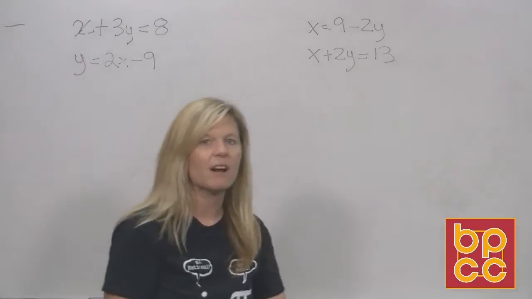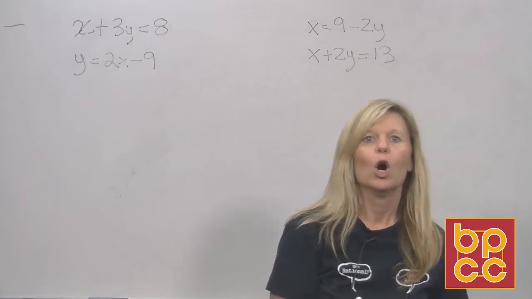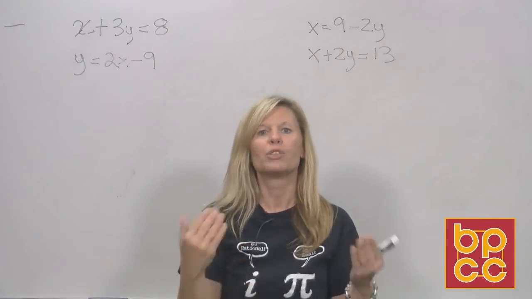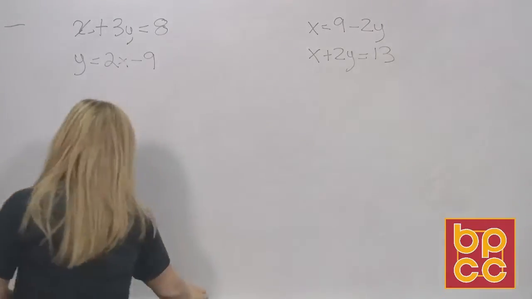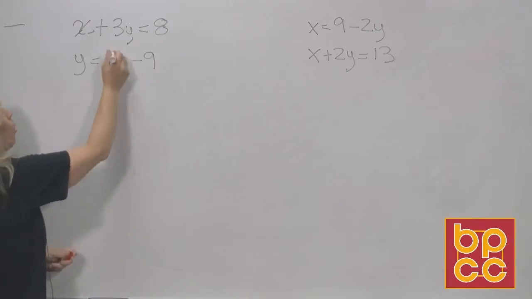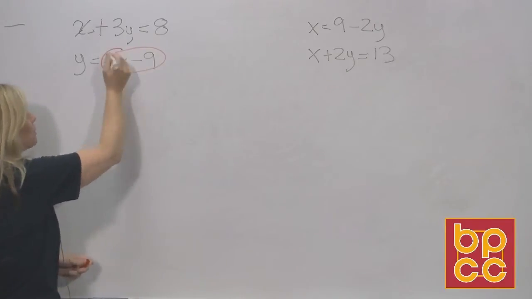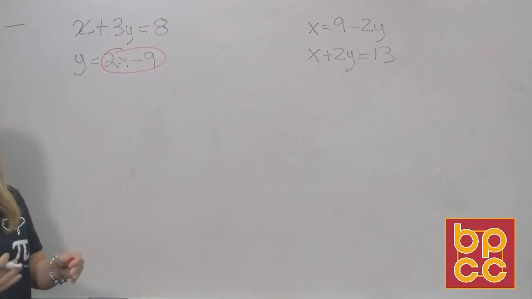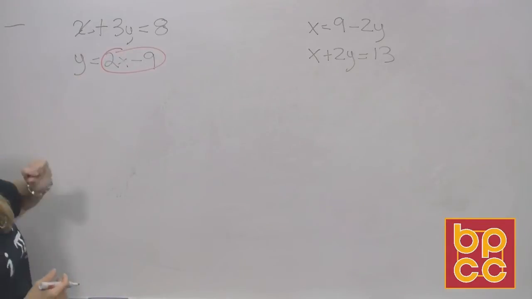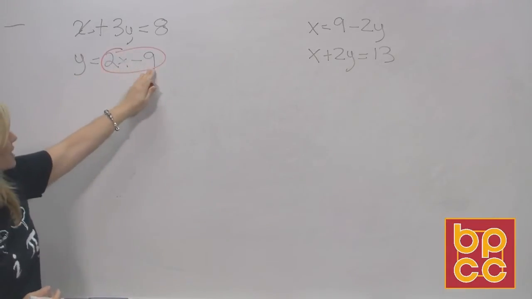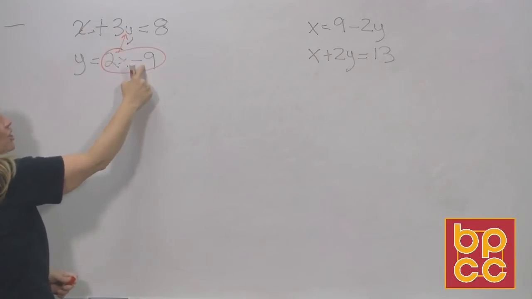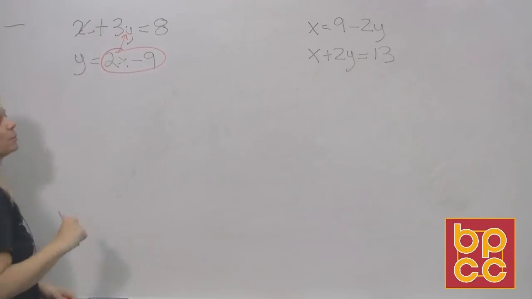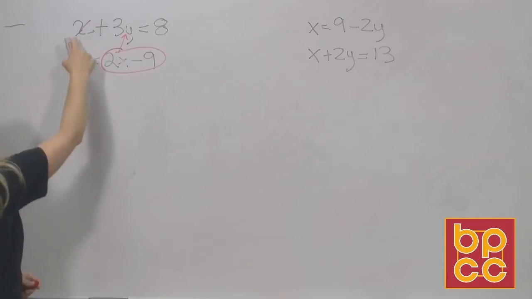Instead of replacing the variable with a number, we're going to replace the variable with an algebra expression, with a different variable. So if you look here, we know what y equals. y equals 2x minus 9. We can do a substitution. Wherever we see a y, we're going to replace it with 2x minus 9. I'm going to draw an arrow for where it's going to go. This expression is going to replace this variable. So we're going to rewrite this equation.